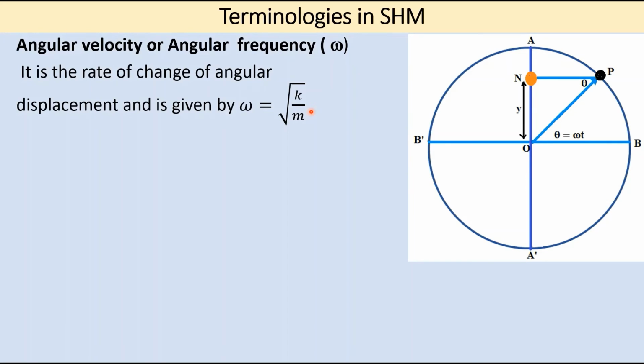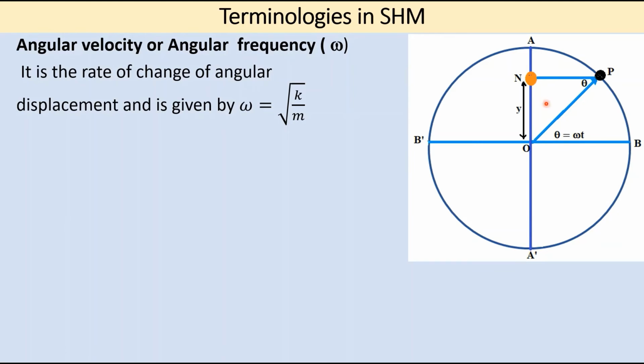Now, simple harmonic motion may also be defined as the projection of the uniform circular motion on the diameter of the circle. So here this particular perpendicular drawn from the point P represents the projection of the P on the diameter AA dash.